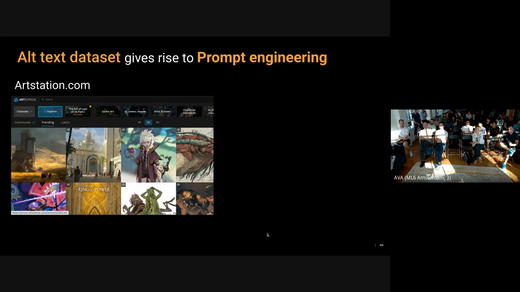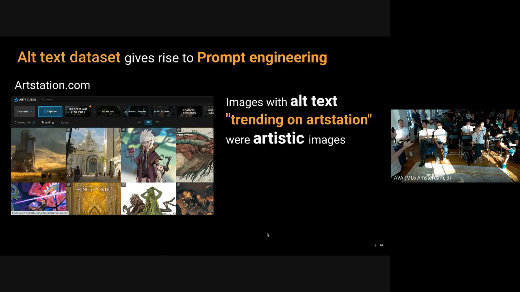Passable as a dog. All right, so that's very strange until you realize that ArtStation is a website that collects artworks. People upload their own creations on a website called ArtStation. And when an image is uploaded to ArtStation and it becomes trending, the alt text gets altered to include trending on ArtStation.